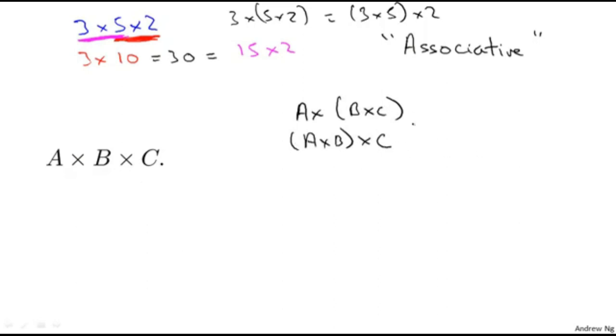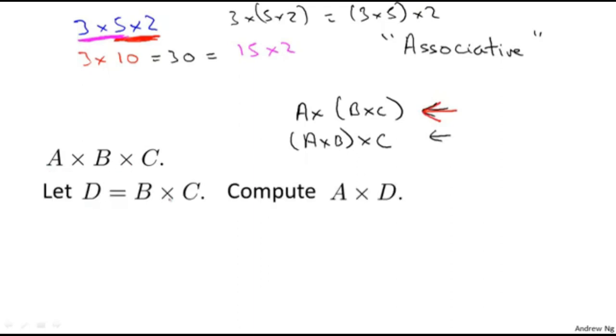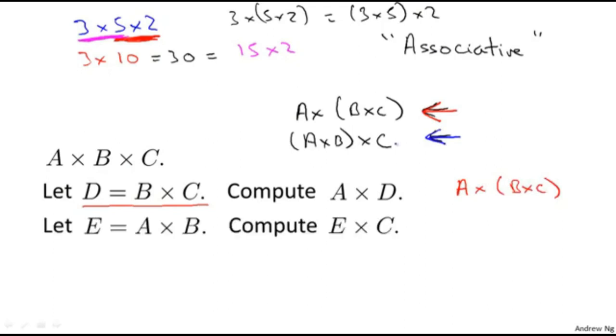So just to be clear what I mean by these two cases, let's look at the first case. If you actually want to compute A times B times C, what you can do is first compute B times C, so that D equals B times C, then compute A times D. And so this is really computing A times B times C. Or, for the second case, you can set E equals A times B, then compute E times C, and this is then the same as A times B times C. And it turns out that both of these options are guaranteed to give you the same answer.